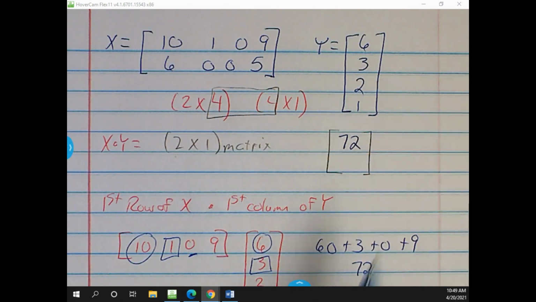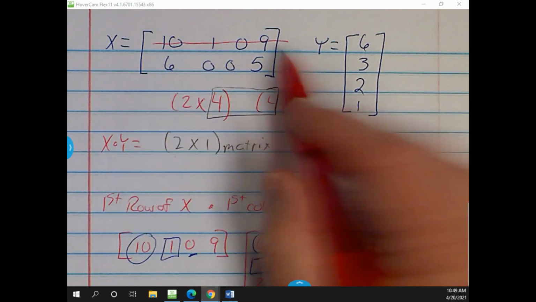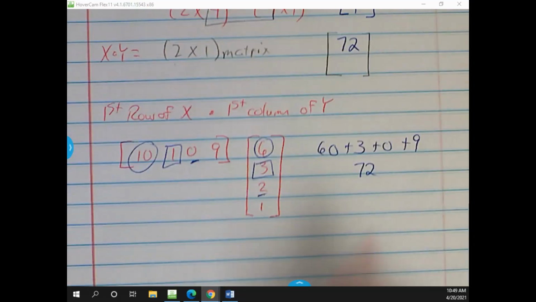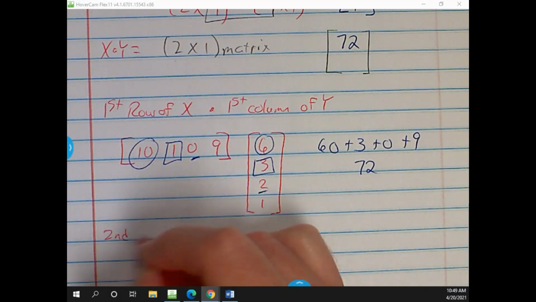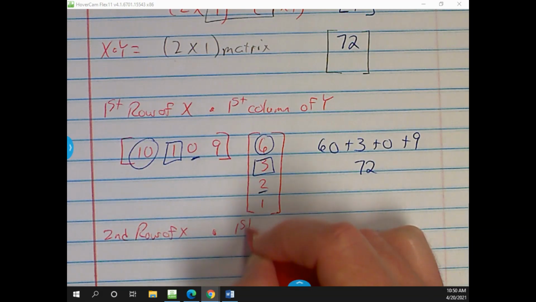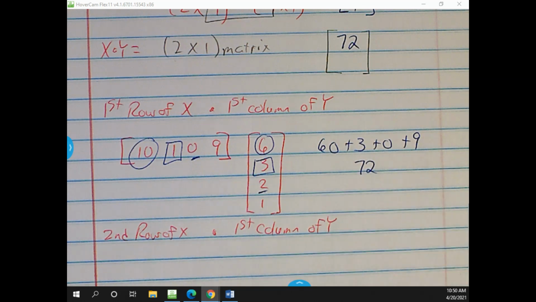Okay, and since there's only one column, once we multiplied this row by this column, there's nothing else for this row to multiply. So now we're going to jump down to the second row. So now we're going to do the second row of X times the first column of Y. And because there is only one column, that does make it a little bit easier.